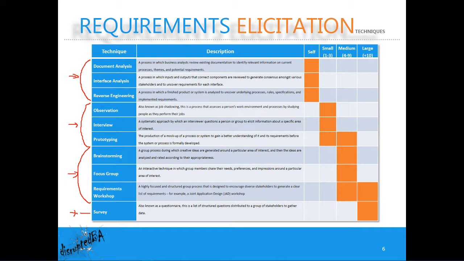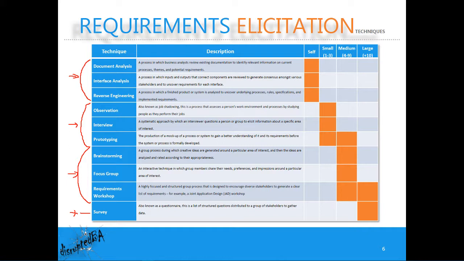Things like the complexity of your organizational structure, whether it's a virtual or a co-located group of stakeholders, all these things would have an impact on what techniques you would use and how you would use them. So it's very important to do that planning so that you know which techniques you will be using.